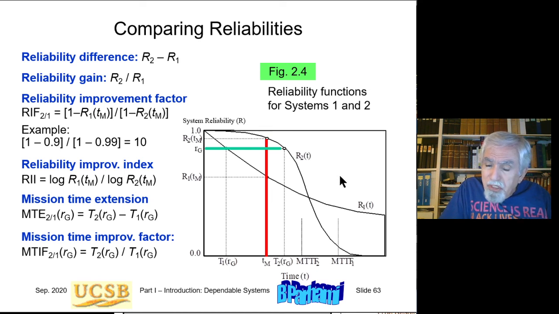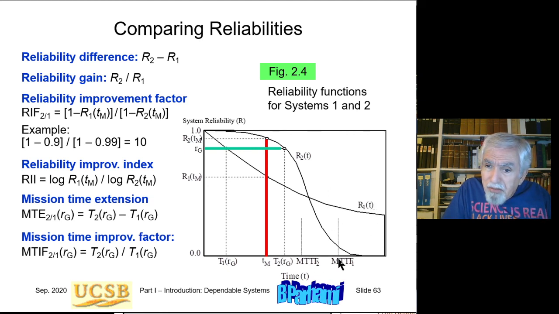You notice that the shapes are different. System 2 is highly reliable in the beginning, but then at some point the reliability drops and goes close to zero quickly after that. System 1's reliability drops, so it's not very reliable anywhere, but then at some point it becomes more reliable than system 2.